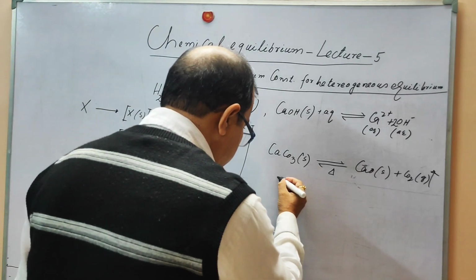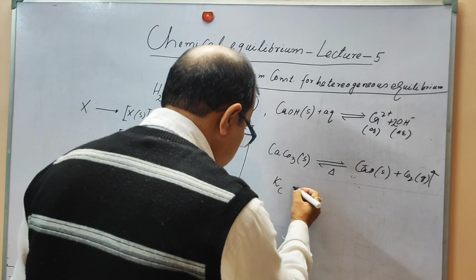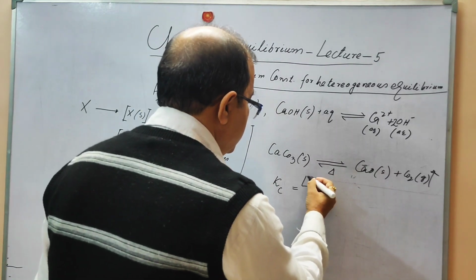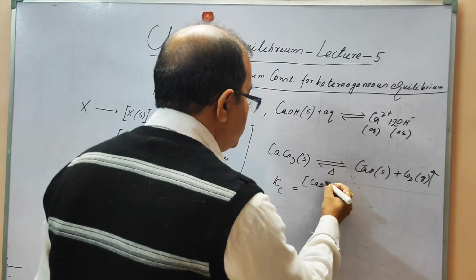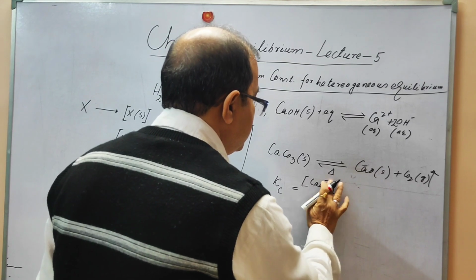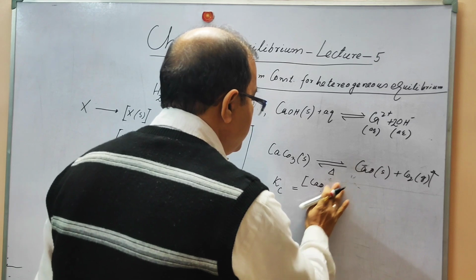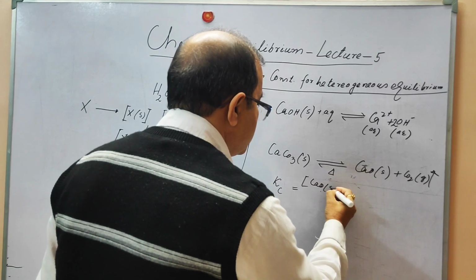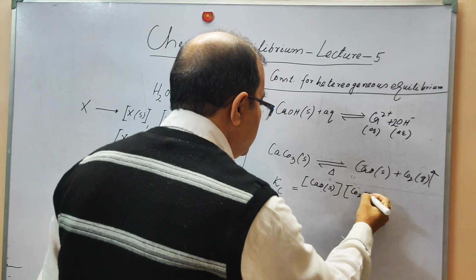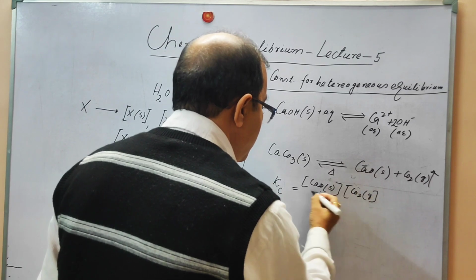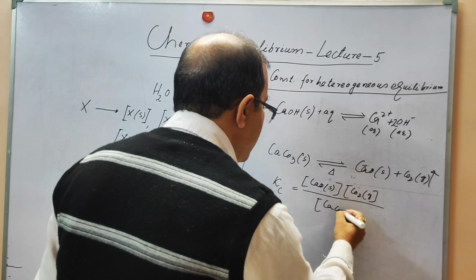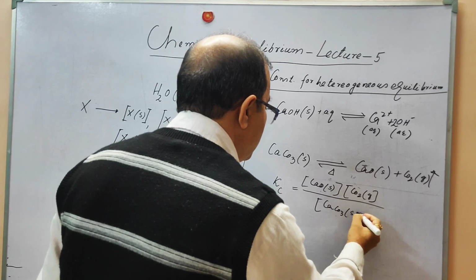Now we can write the equilibrium constant for this heterogeneous reaction: the molar concentration of calcium oxide, solid, and carbon dioxide, gas, in the numerator, and calcium carbonate, solid, in the denominator.